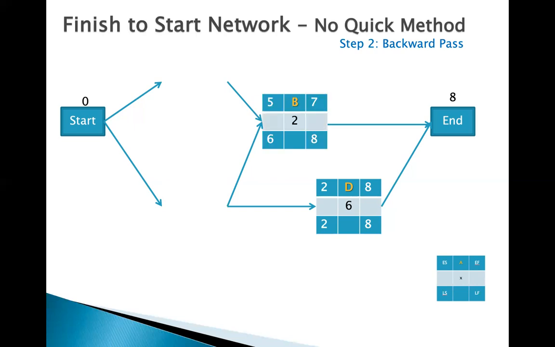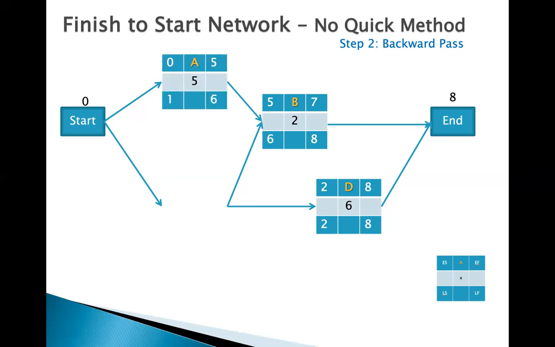Let me just put it this way. So now we have activity B with the 4 parameters we are looking for. The late start is 8 minus 2, which is 6. So let's move forward. Remember, this is subtracting the duration and also selecting the minimum value from the right side to the left.